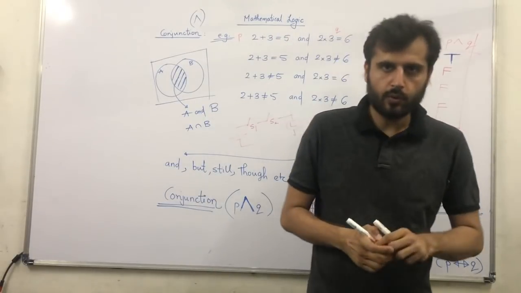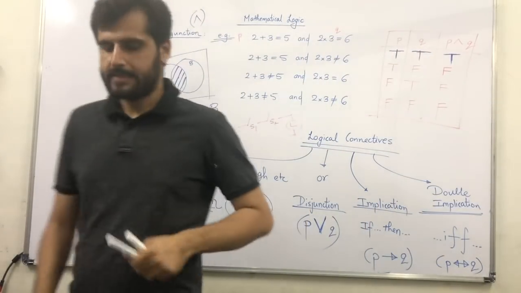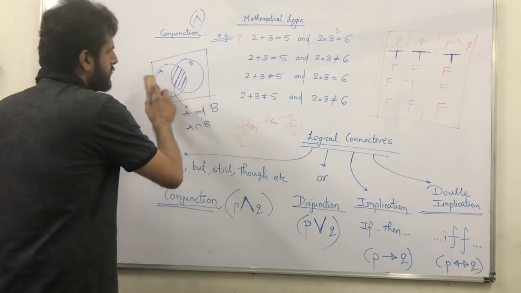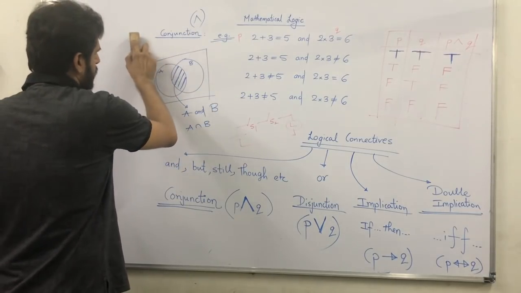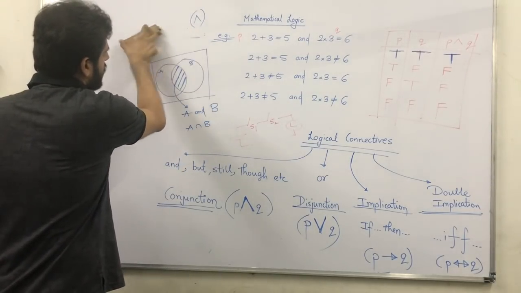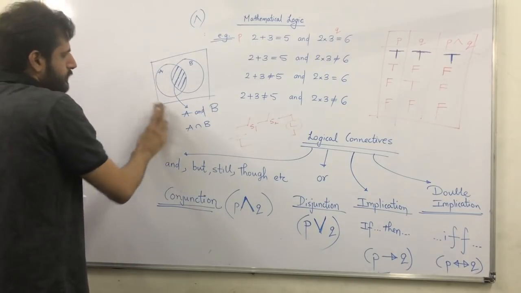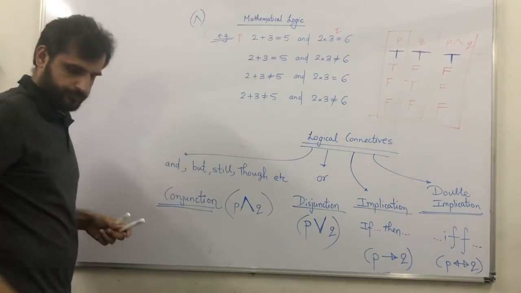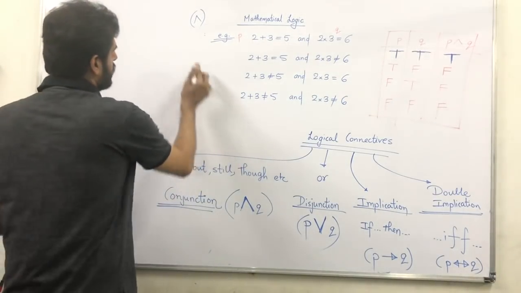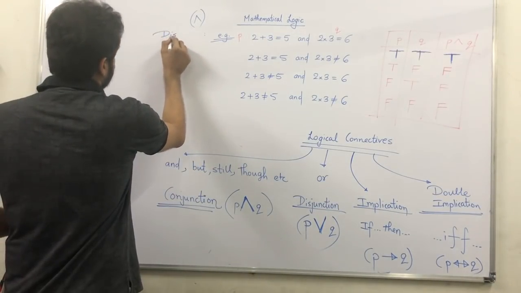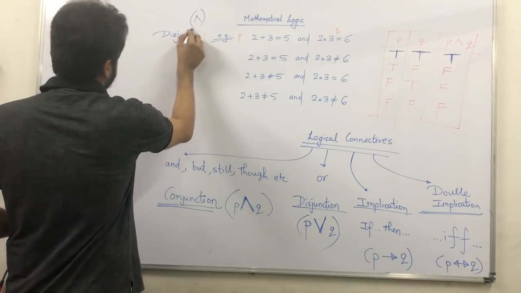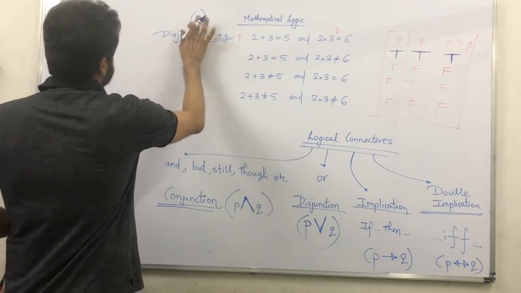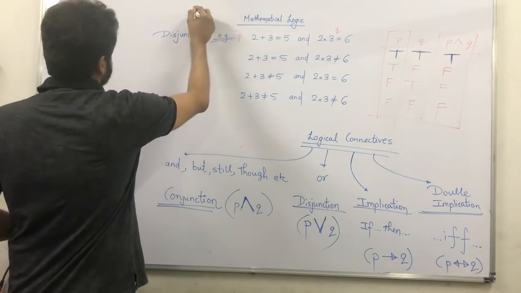Next, we are going to do the second logical connective, that is disjunction. Okay, so I'm not making much changes here. For disjunction, yes, the symbol changes to "or".